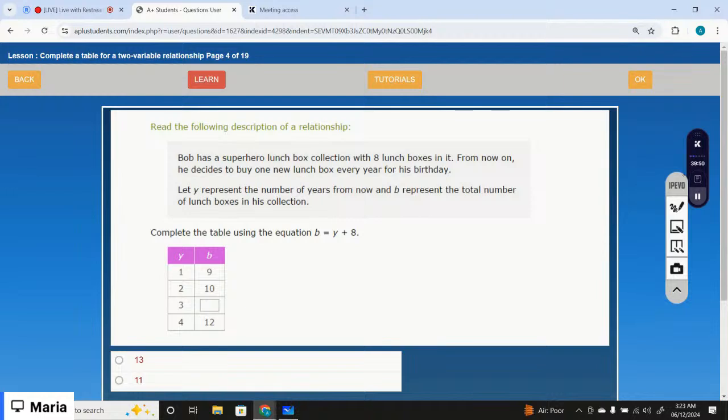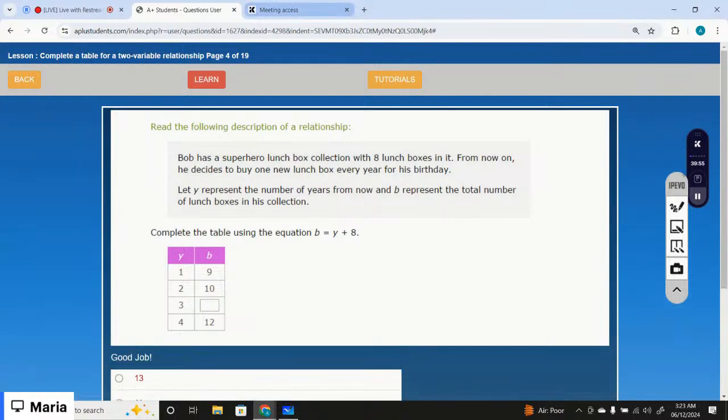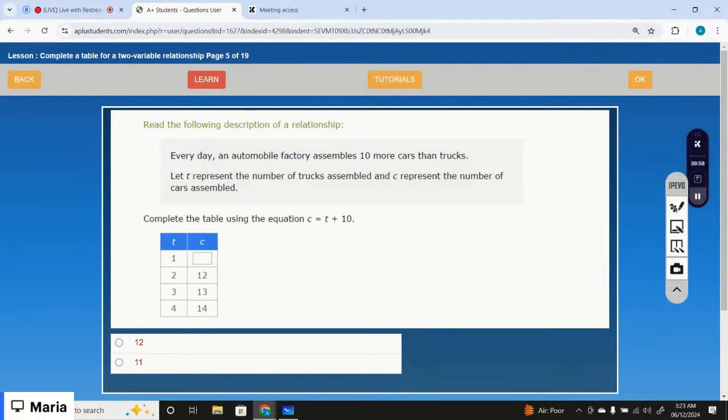That is 11. Option number 2 is the correct option. Complete the table using the equation c equals t plus 10, which is the correct option. That is 11.